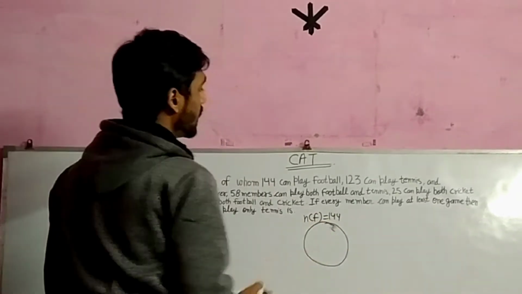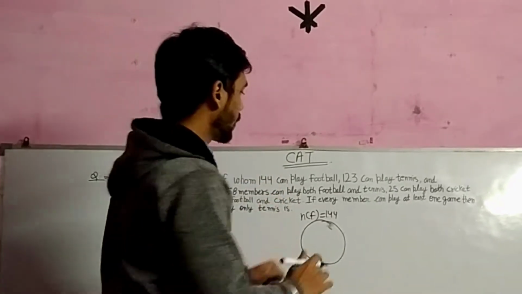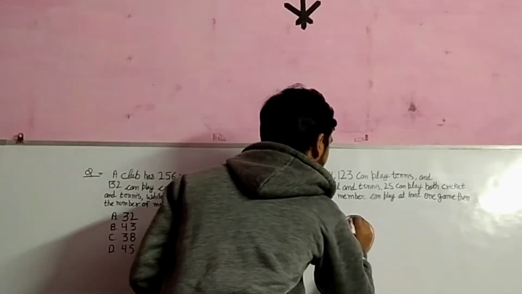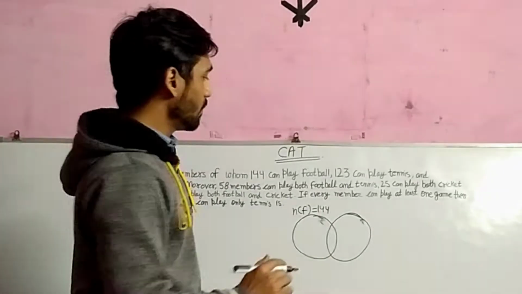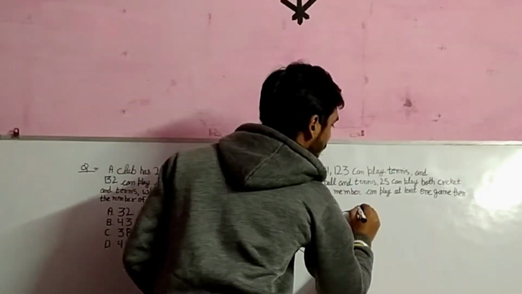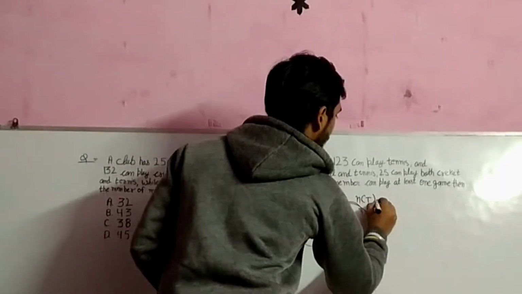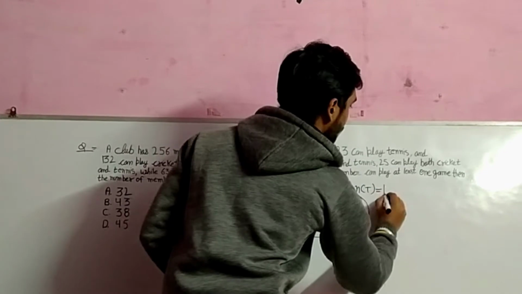Here is another game, tennis, another circle showing the tennis members, n(T) equal to 123.